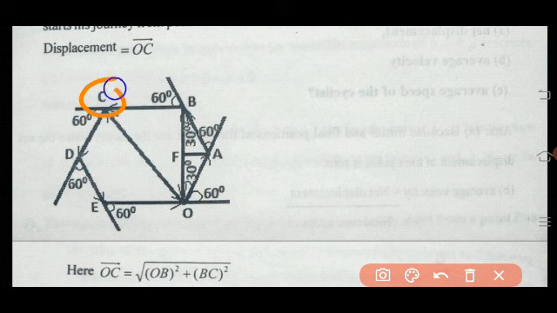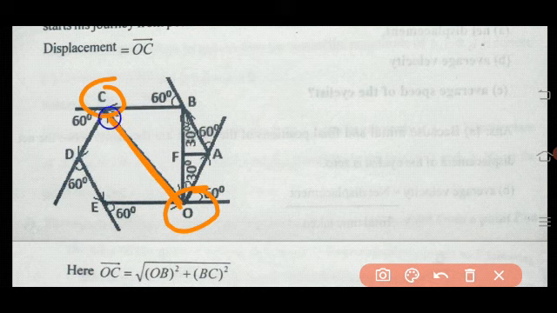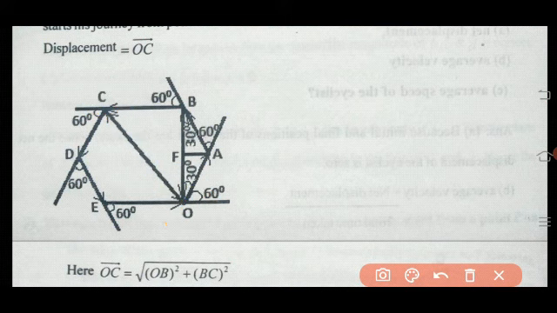Therefore, the third turn is C. Initial position was O, therefore this line gives the displacement. It is the shortest distance between the initial and final position. So we need to find the magnitude of OC. To find it, let us draw a straight line OB. Then we get this right angle triangle.